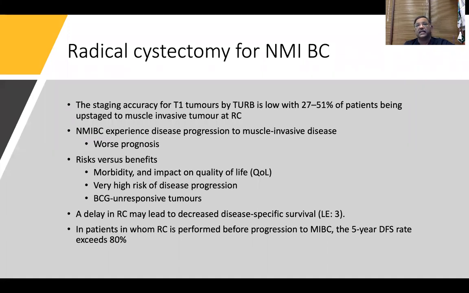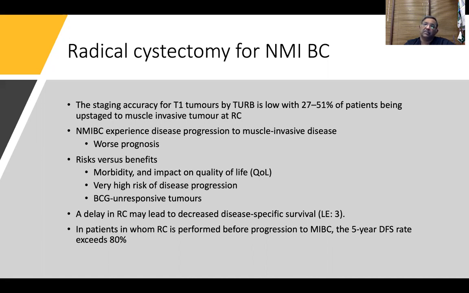So radical cystectomy for very high-risk bladder cancer should be done earlier than later. There is a good argument for radical cystectomy for a very high-risk patient because there is a chance of upgrading of tumor on cystectomy for NMIBC, high-risk bladder cancer.